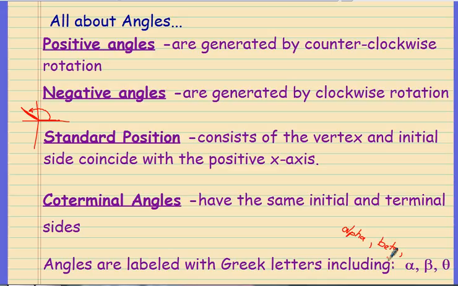And the one we use most all the time is actually called theta. Alpha, beta, and theta. We're going to say it all the time. So when I say theta, guys, it's usually this one right here. This is the one we're going to use most often from here on all the way up through calculus. So anytime we talk about an angle, or an unknown angle, we usually call it theta.